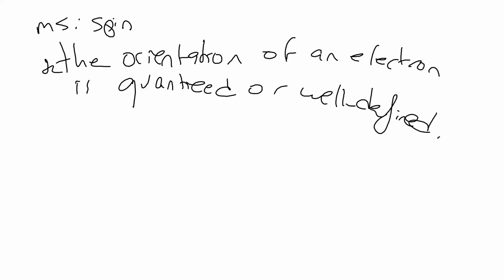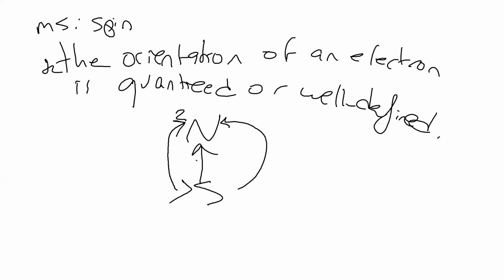So this electron is going from south to north, and then from north to south, reaching two numbers: ms equals plus half and ms equals minus half.